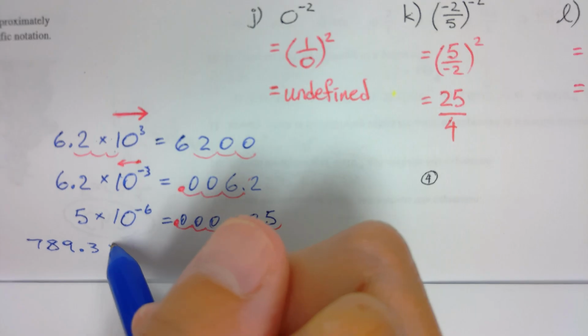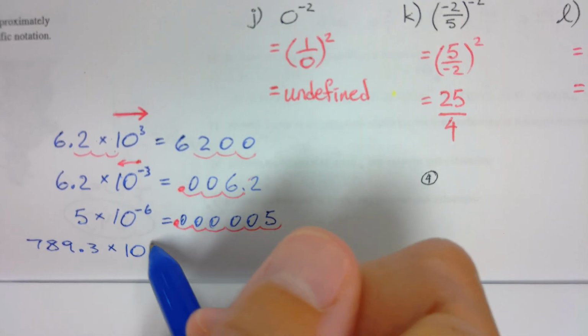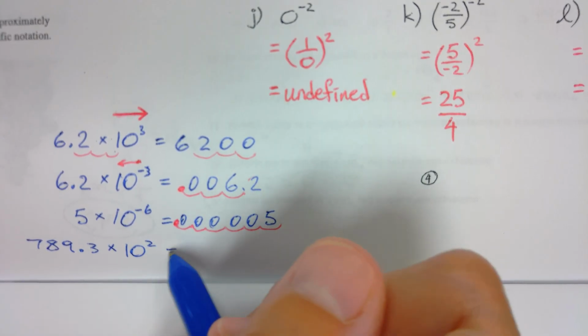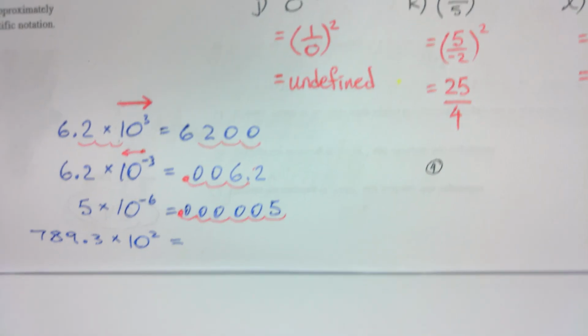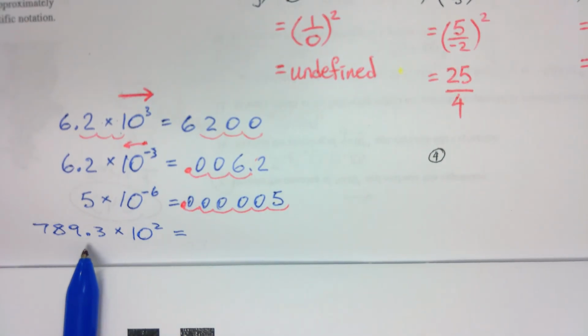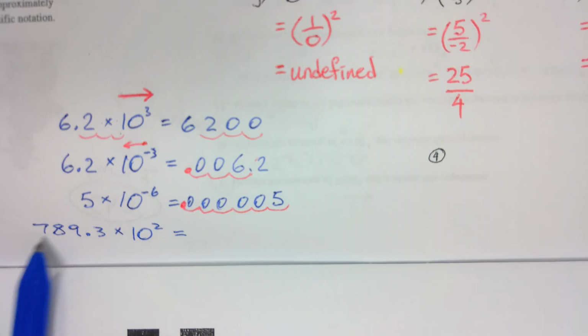9.3 times 10 to the 2. Okay. Is this proper scientific notation? Eric, why not? Good. Or the other thing you can think of is that the decimal should go right after the first non-zero digit.